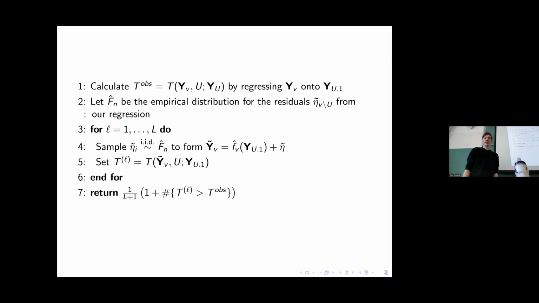But basically what they do is they regress YV onto YU, and they get residuals, and then an empirical distribution for those residuals. And then they sample from that empirical distribution and do this t-test again on this new.